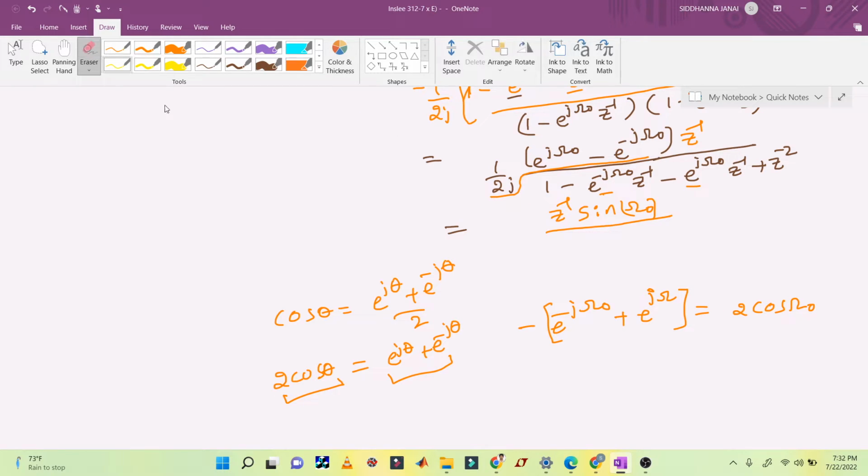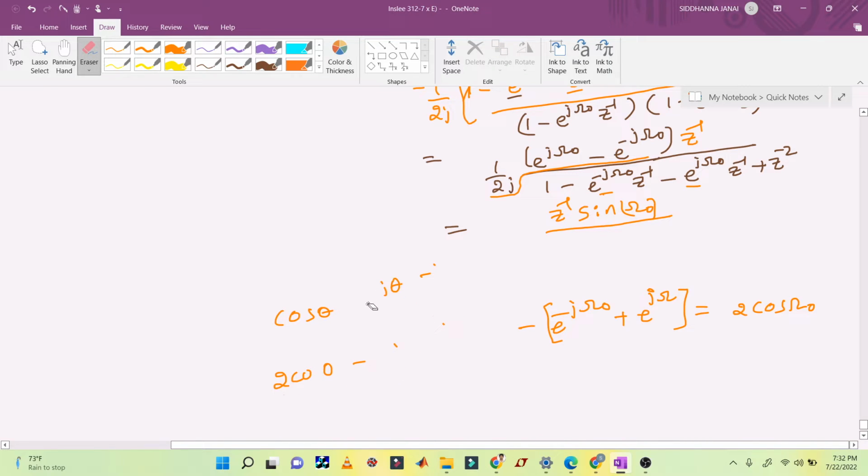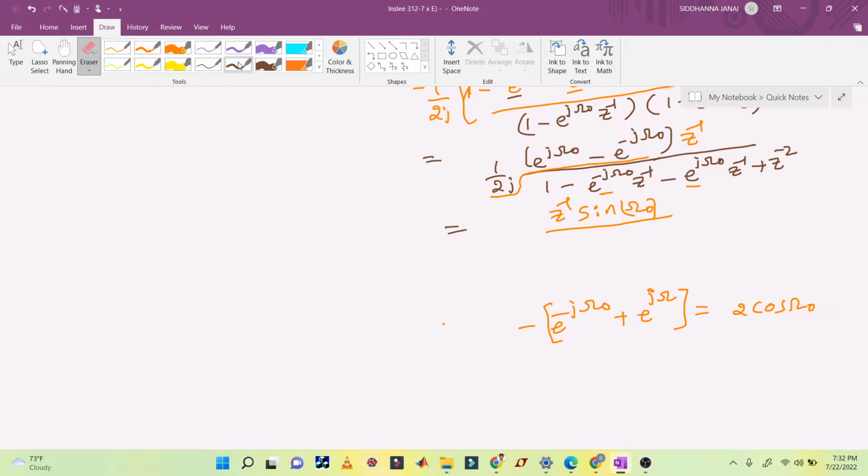Okay. So with this, I can write 1 minus 2 into cos omega naught, z inverse.